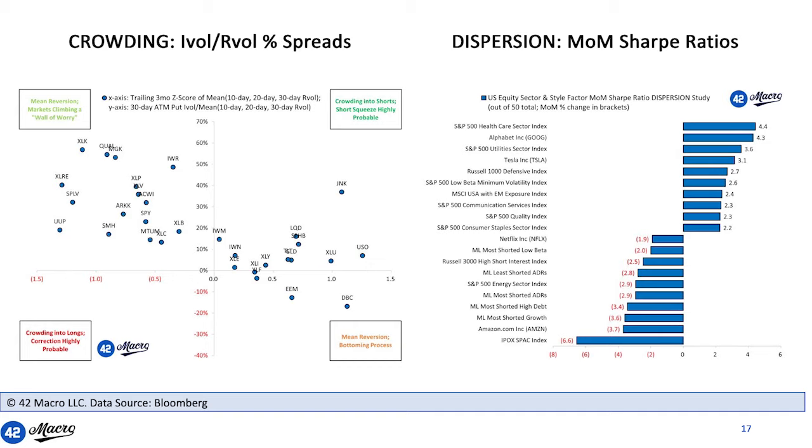When you look at dispersion, they're certainly not leaning over their ski tips from a net exposure perspective, because for the last nearly 2 months, defensive sectors and style factors have dominated the upper quintile of performance. We're showing here in the blue bars the month-on-month Sharpe ratio, across 50 U.S. equity sectors, style factors and mega cap FANG type exposures. The fact that it's been dominated by defense for such a long time is really indicative that investors have taken off a lot of risk from a net exposure perspective.